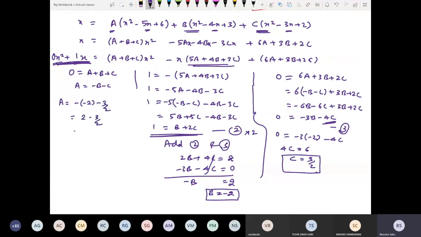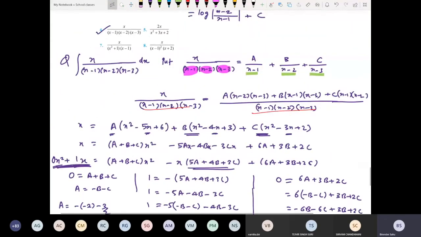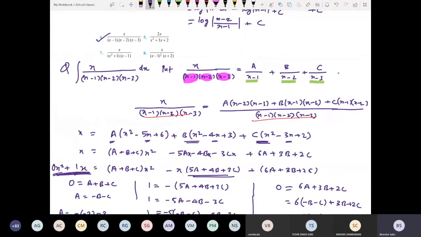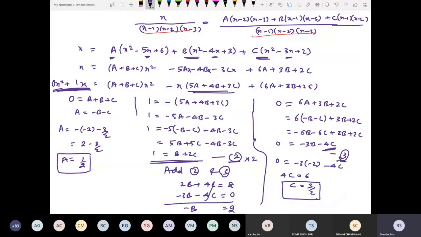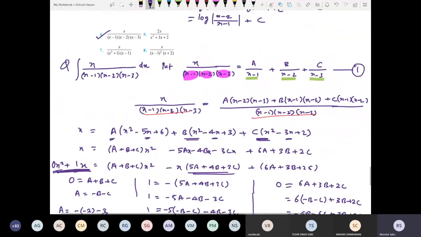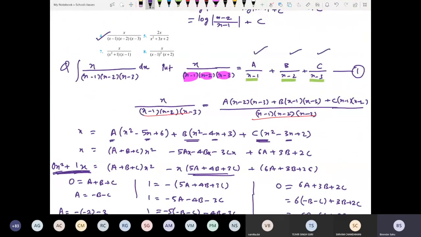This is 2 minus 3 by 2, which is 1 by 2. So A is 1 by 2. We have the values of A, B, C. Generally we make it equation 1, this is 2 and this is 3. So we will be putting the values of A, B, C in equation 1.